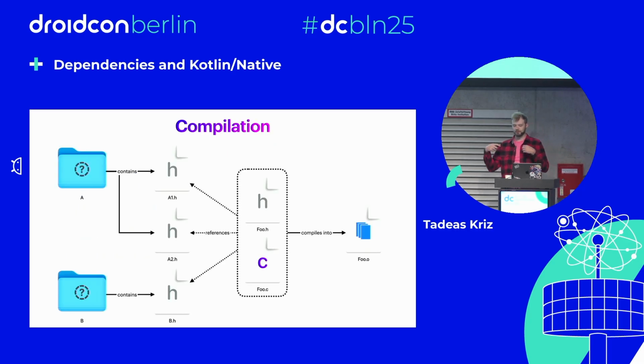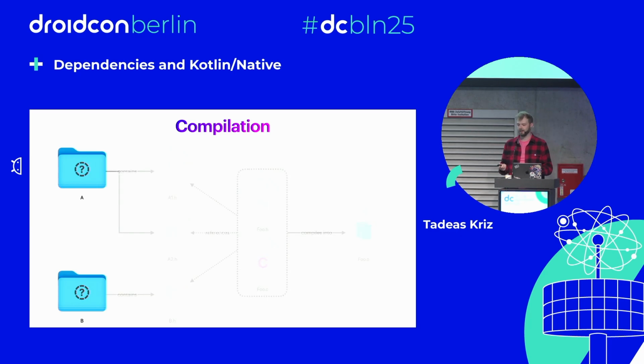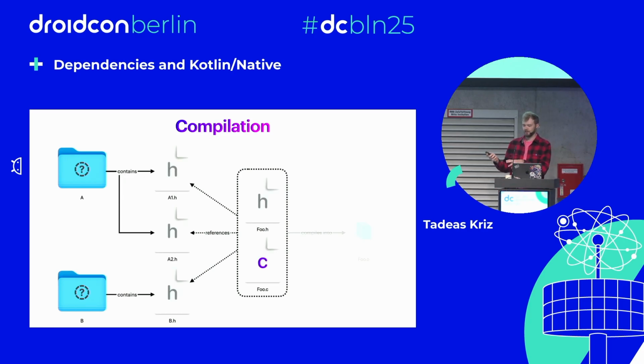So to show it in a visual way, we now have the dependencies A and B for our code that we got from a dependency manager, whether it's CocoaPods, Carthage, or Swift Package Manager. And as I mentioned, they contain the header files. So we essentially extract those header files, and then this is the compile.